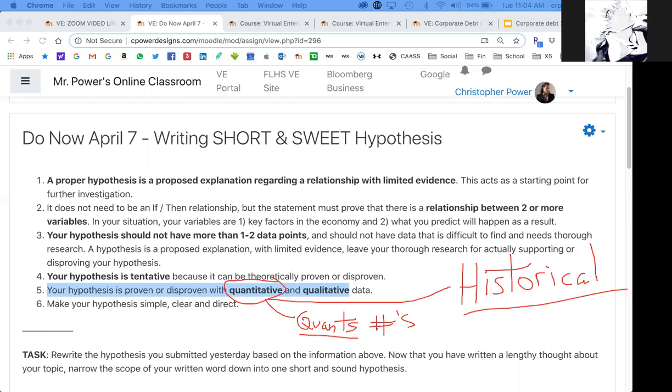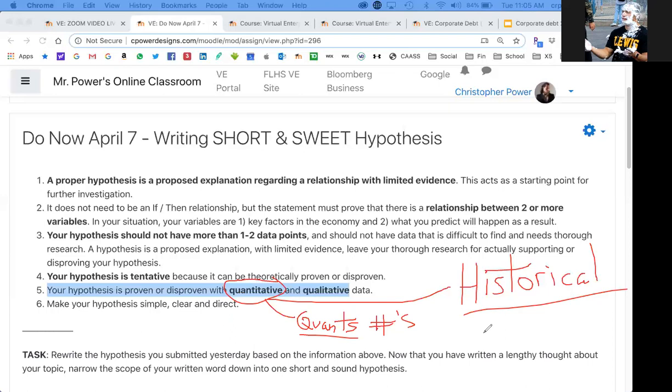It's historical because it's already happened. So numbers come from what has already happened in the world. 100%. Your numbers come from what has happened. You can try to use historical data to make a best guess about the future. Quantitative data helps you make an educated guess because you look at what has happened in the past.